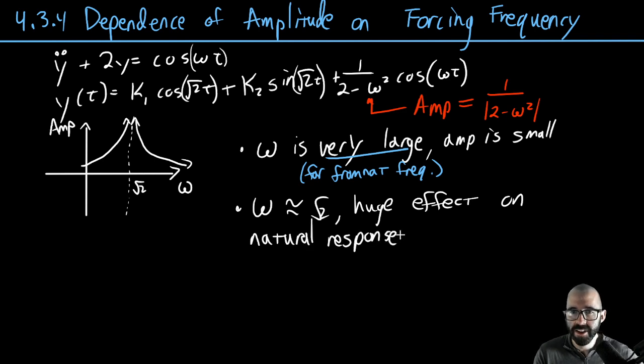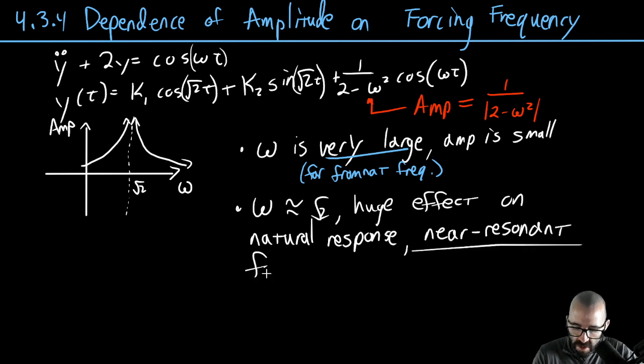And we saw that in Desmos, right? And this is called near resonant forcing. We'll talk about actual resonant forcing in the next video. And again, we did definitely see that. We saw that on Desmos.